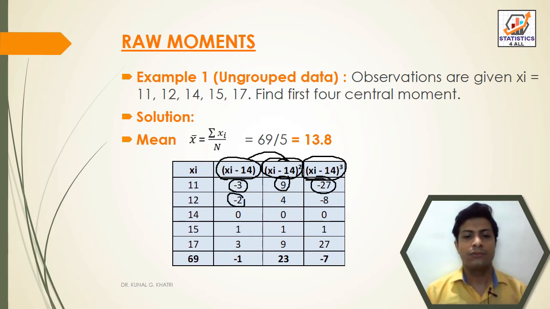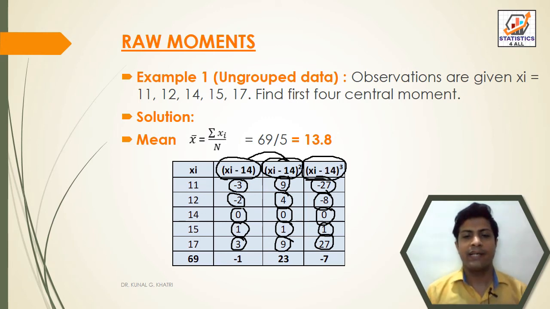Minus 2 into 4 is equal to minus 8. 0 into 0 is equal to 0. 1 into 1 is equal to 1. 3 nines are 27.